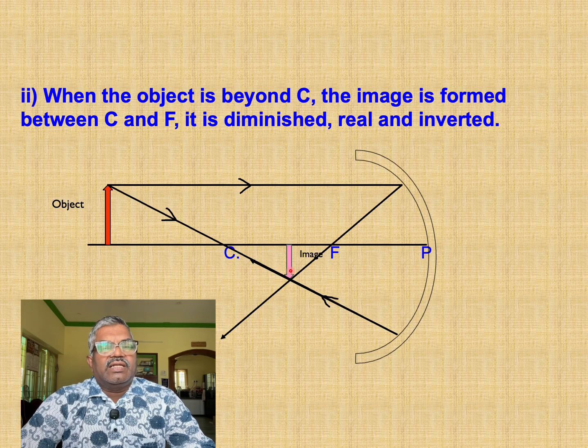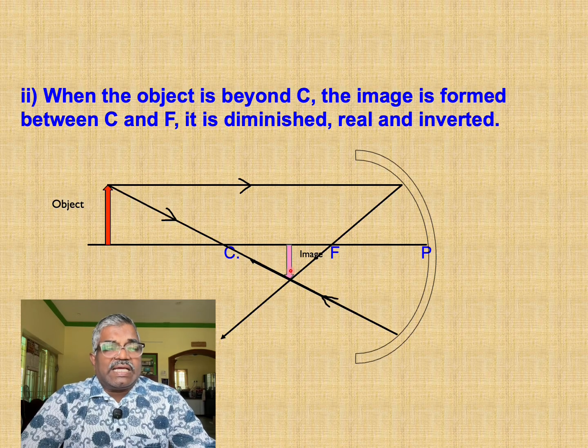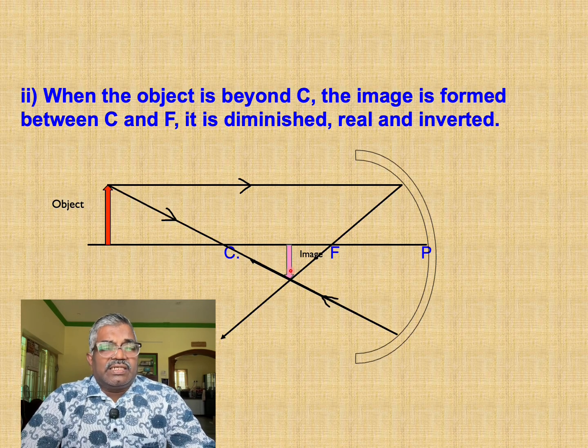That image is just below the principal axis, so it is a real image. I explained that the image formed in front of the mirror, on the same side of the object, is a real and inverted image.